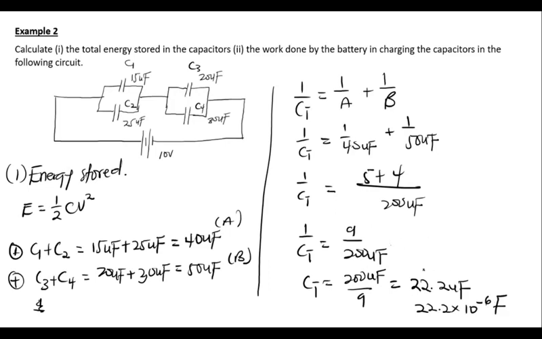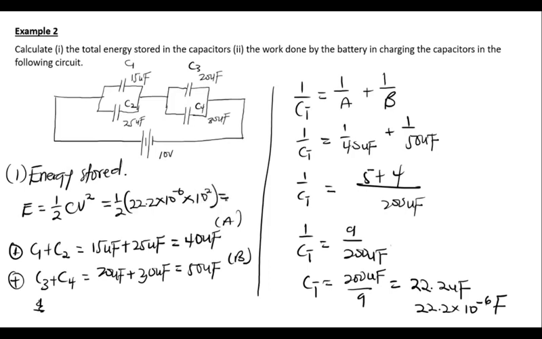Okay, now that we have our total capacitance, we can calculate the energy, which is equal to half times the capacitance, which is what we have over here, 22.2 times 10 raised to the power minus 6, multiplied by the voltage, 10 squared.